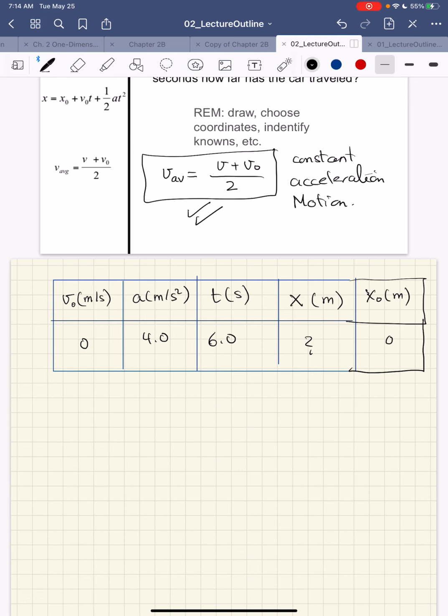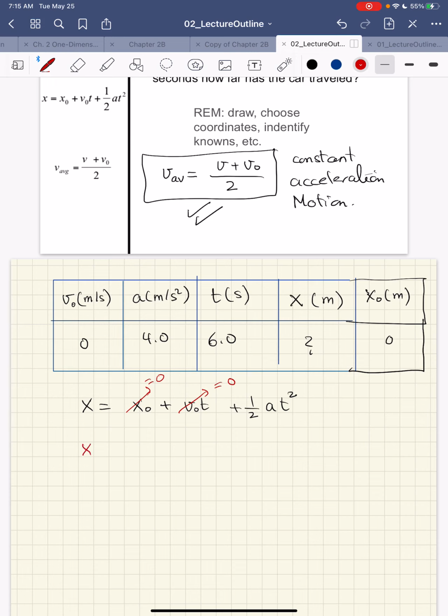Then X0 is going to be 0. Now we know that we are going to use this equation, which is X equals X0 plus V0t plus 1/2 AT squared. Here, two of the terms are 0. This one is because my initial displacement was chosen to be 0, and the second one is because the initial velocity was 0.